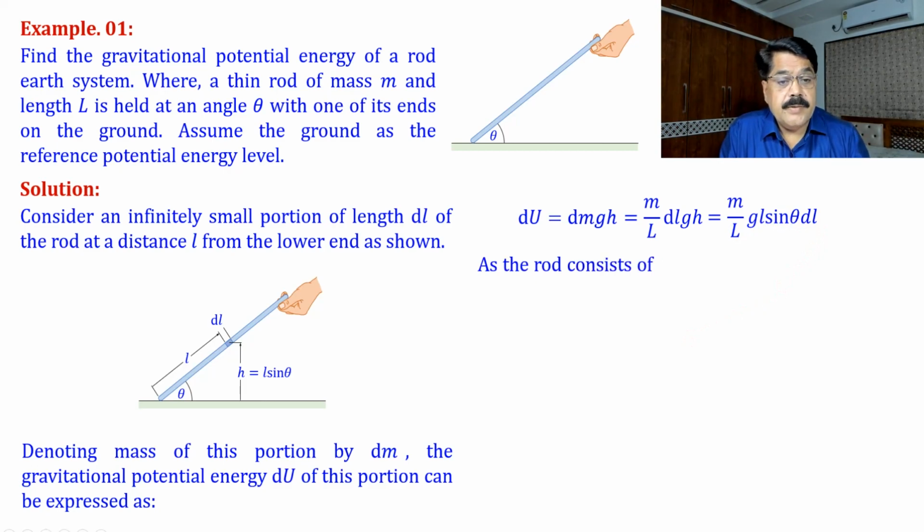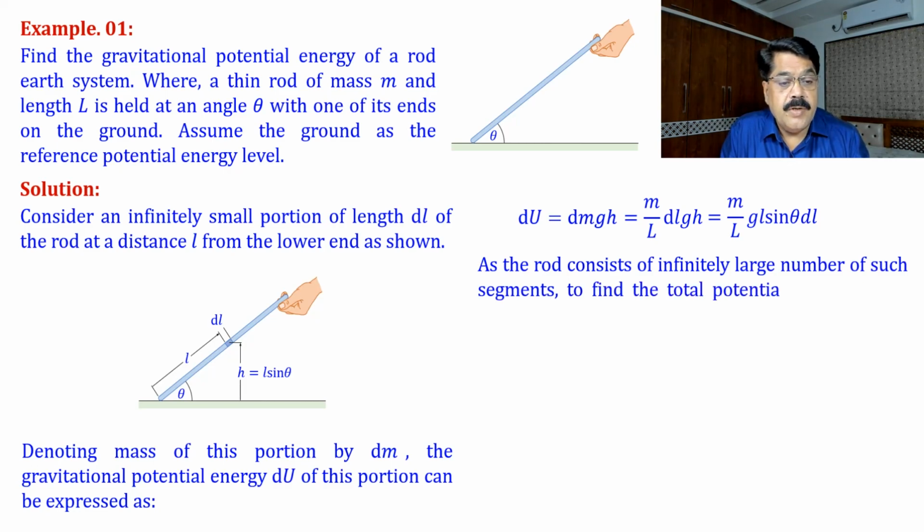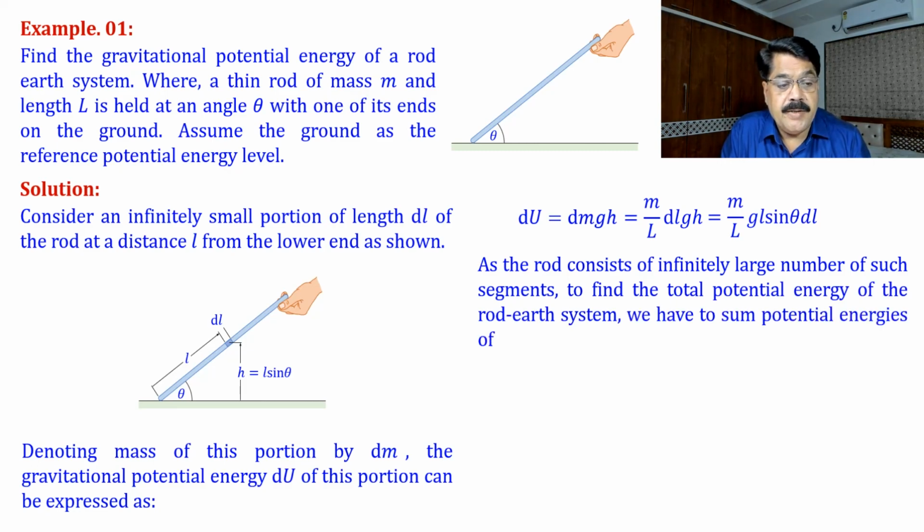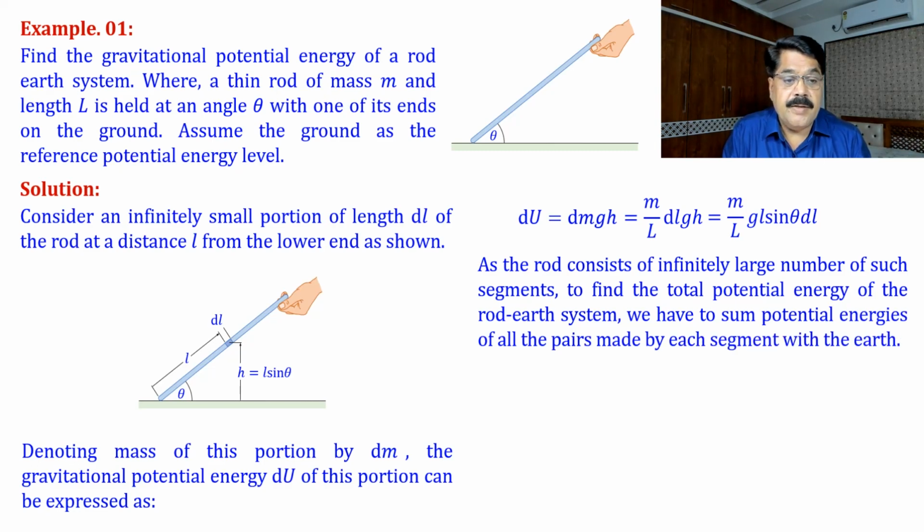As the rod consists of an infinitely large number of such segments, to find the total potential energy of the rod-earth system, we have to sum the potential energies of all the pairs made by each segment with the earth. This is the idea we have discussed earlier, of how we can calculate the potential energy of a many particle system.